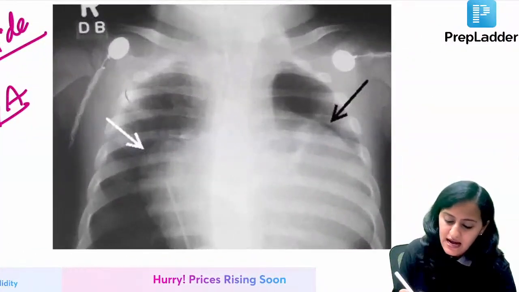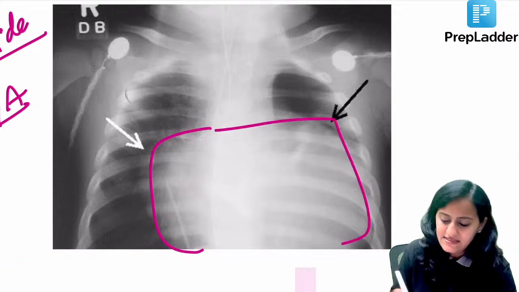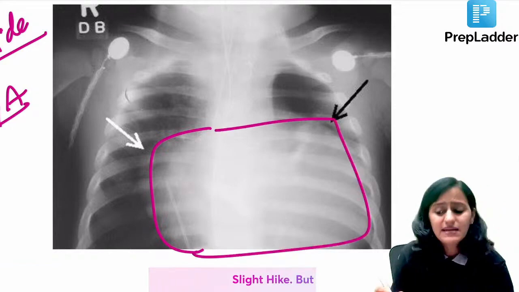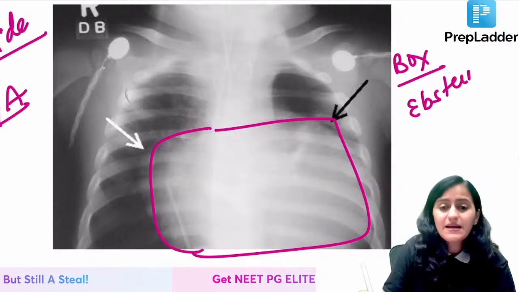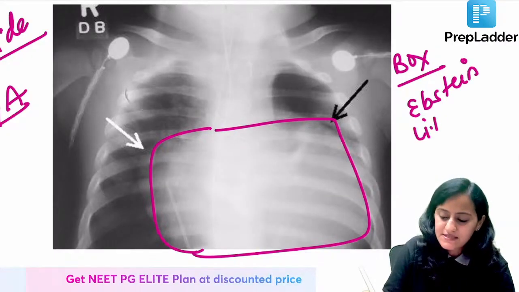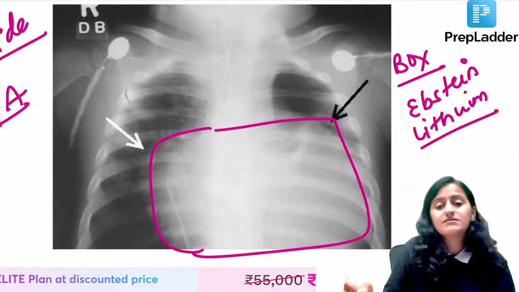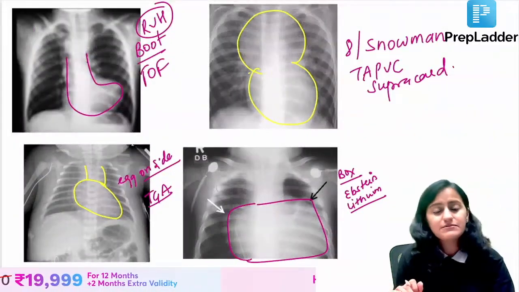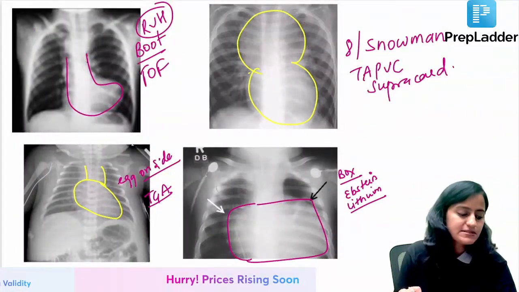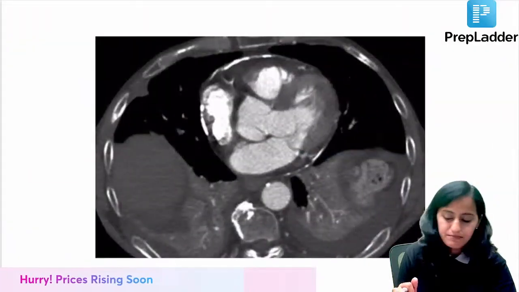When you see a heart which is massively enlarged like this, the right atrium is enlarged, it might fill the entire thorax. It is box-shaped heart which is seen in Epstein's anomaly, and Epstein's anomaly is seen with lithium. Epstein's is a teratogenic effect of lithium. These are the important heart appearances that you should definitely remember.